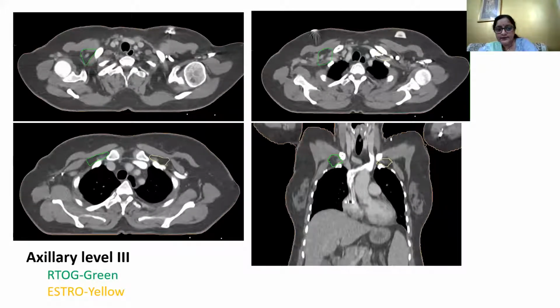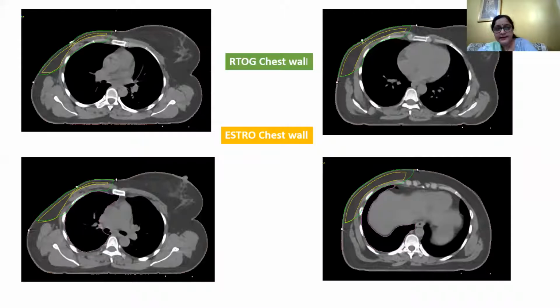The bolus that I have mentioned is as per the ESTRO guidelines. If we intend to do delineation, we need to keep a bolus 2 centimeters above and below the scar at the time of simulation itself, because they say that the chest wall becomes very thin in some patients. In those cases, they have advised that we should have a bolus.